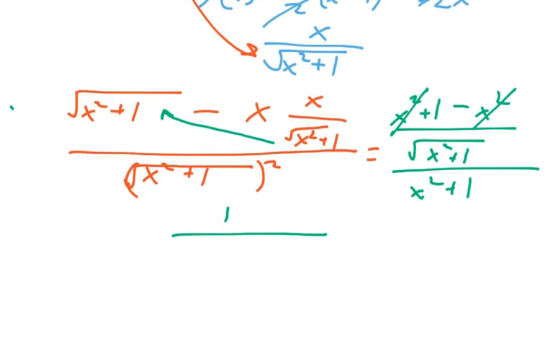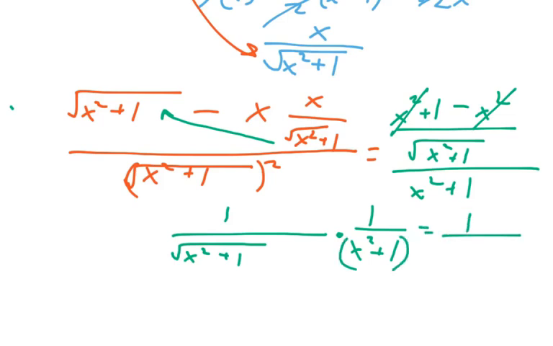And so when I divide by x squared plus 1, that's the same as multiplying by 1 over x squared plus 1. So I got 1 over x squared plus 1 to the 3/2 power. Having said all this, the top I can't set equal to 0 because 1 never equals 0.